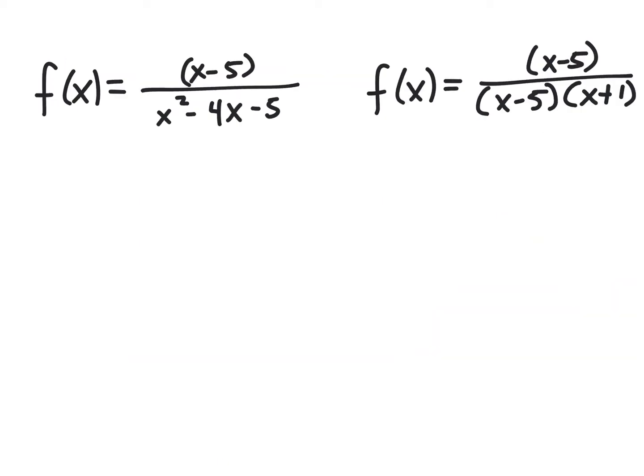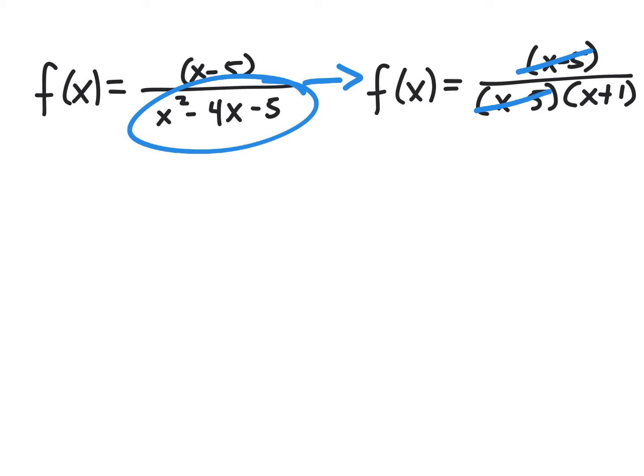So what do we do? We convert the function first to factored form. Notice how the denominator can be expressed in terms of its factors. Once you have it in the form of its factors, you can see that the numerator and the denominator both have an x minus 5. Because they both have an x minus 5, we're able to cancel it in the top and in the bottom.